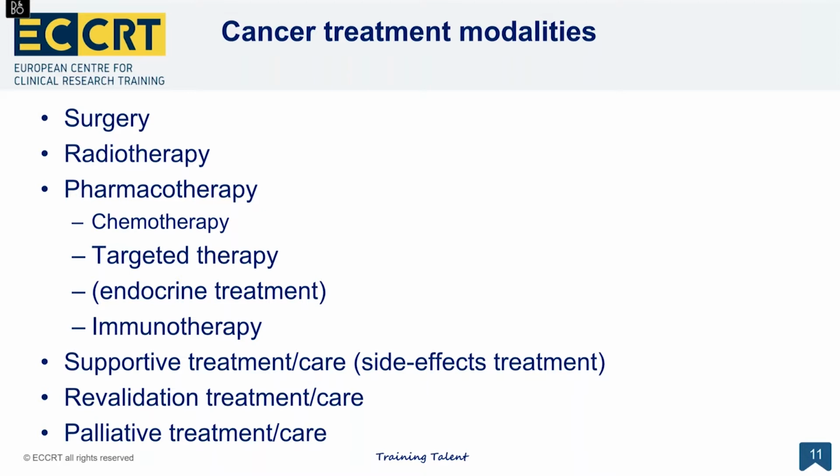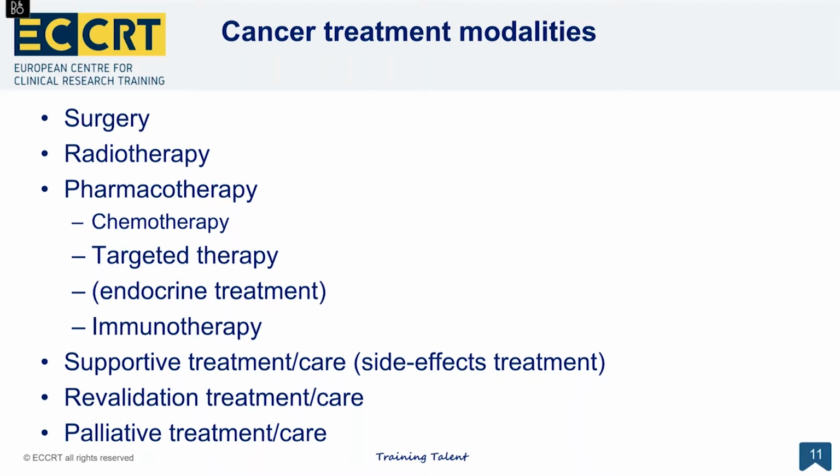We can treat our patients with targeted therapies. We can specify the target, a specific area inside or outside the cell where we want to put a blockage so that the cells cannot divide and the tumor will stop growing. Maybe we need to treat our patients with hormones, like the endocrine treatment, specifically in breast cancer. This is something that has been done. Or we can treat them with immunotherapy.